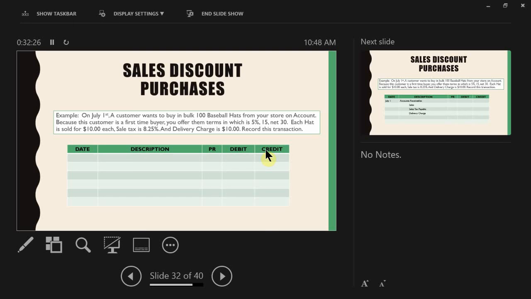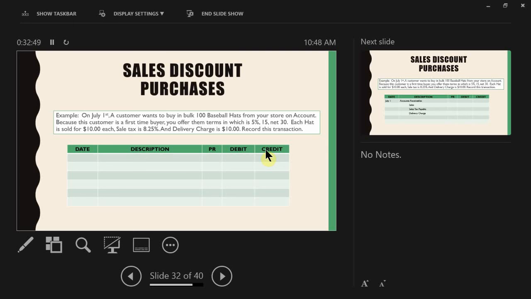If not, the whole entire bill is due in 30 days. Each hat would cost you $10, sales tax is 8.25%, and you charge them delivery charges to send them to the house for $10.